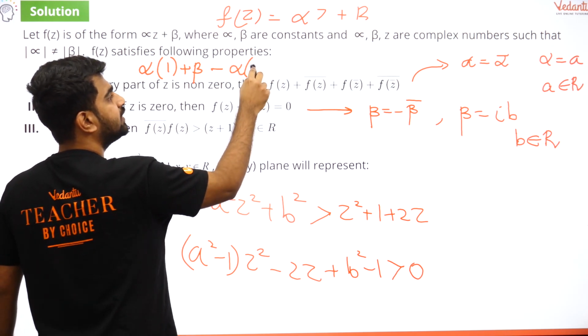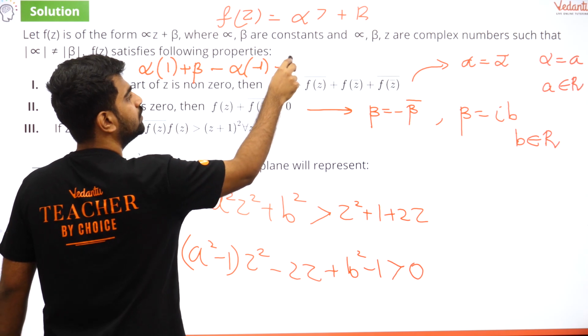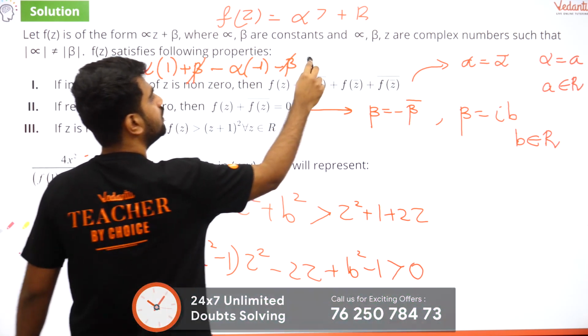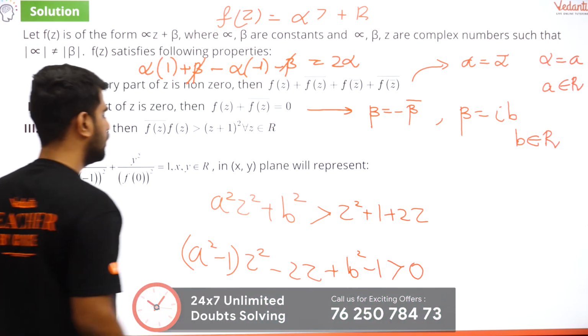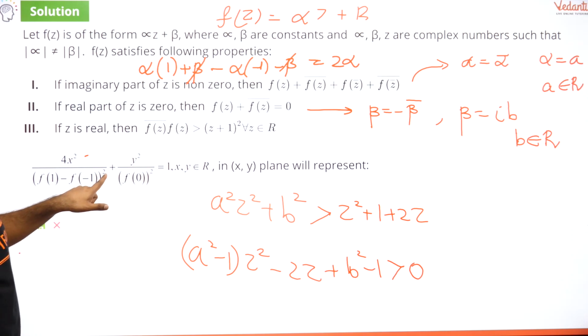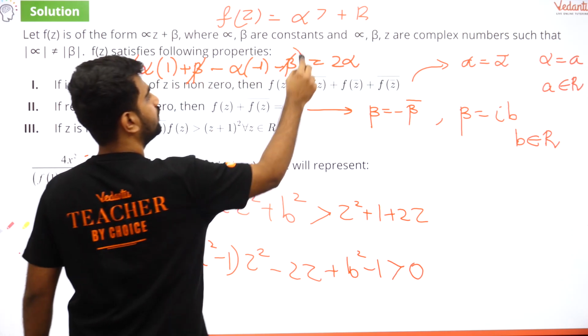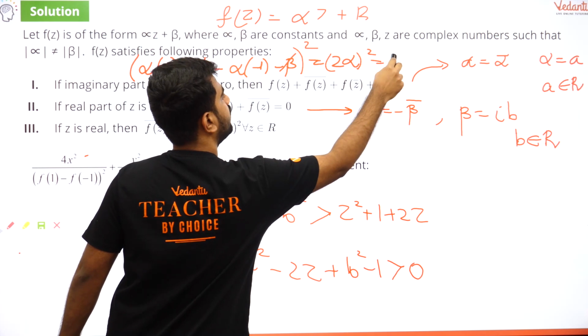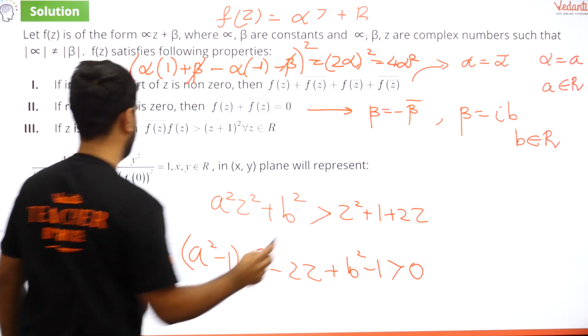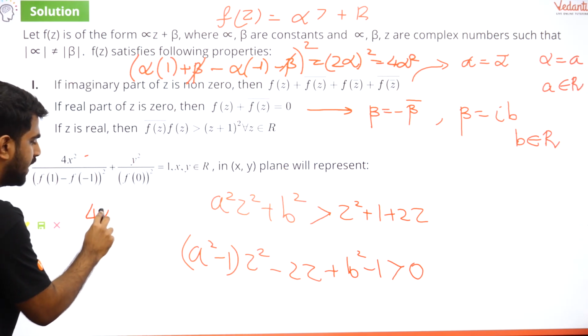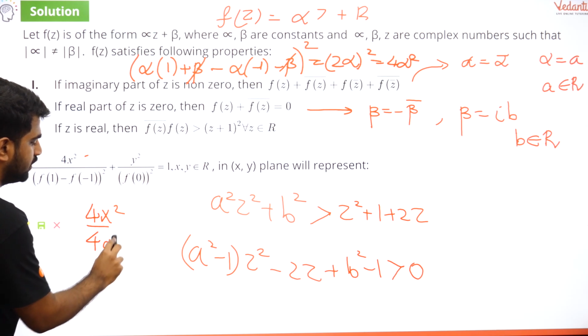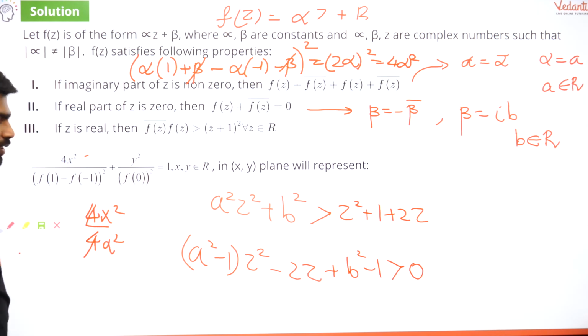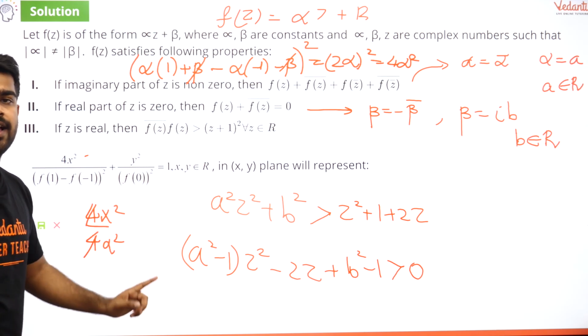Wherever z comes, I will put minus 1. So beta will be cancelled. You will have 2 alpha. Okay. So the whole square is there, right? So it is going to be the whole square of this, which is going to be 4 alpha square. So it will be 4x square by 4 alpha square. 4 will get cancelled. We have x square by alpha square.